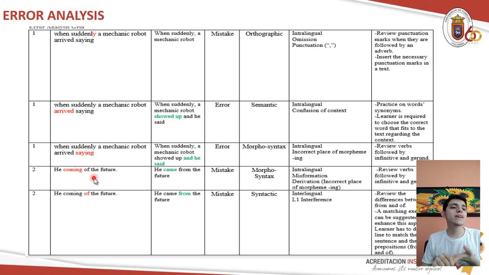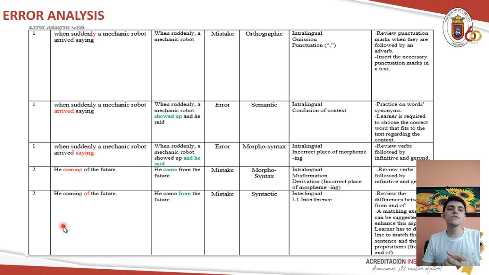Similarly, he wrote "he coming of the future." And the error correction is "he came from the future." This is a mistake, and the classification of this is syntactic, because he's having problems with prepositions, okay?